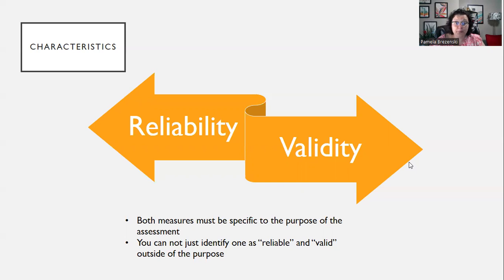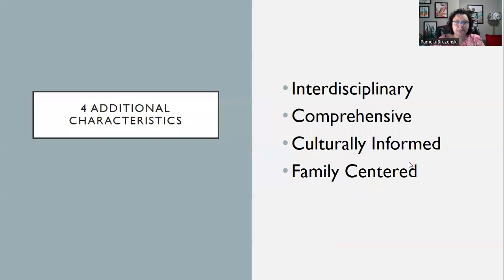But for our purposes of assessing social communication with peers, it is not reliable or valid, because the information that we get will not assist us in treatment planning and intervention planning. It has to be specific. It cannot be a one-size-fits-all type of assessment.